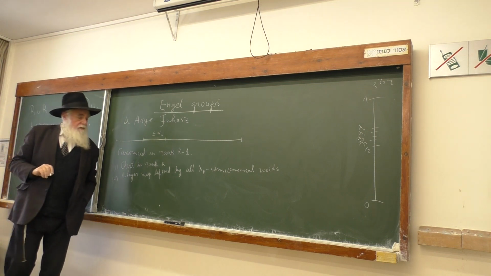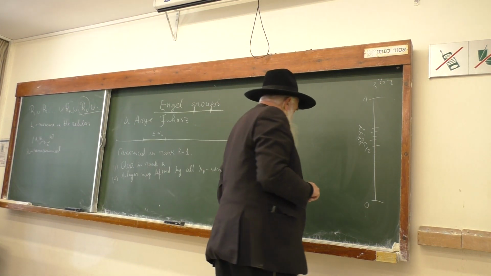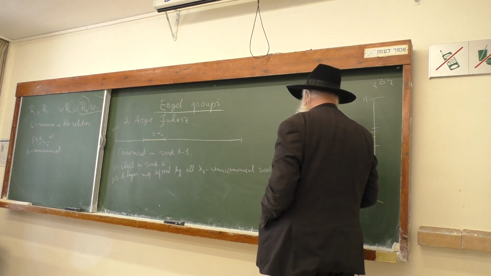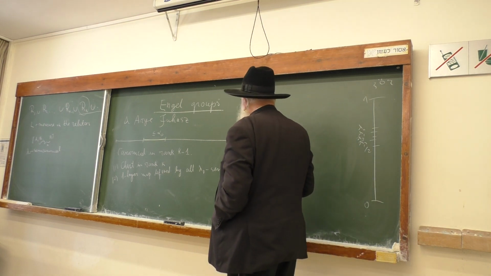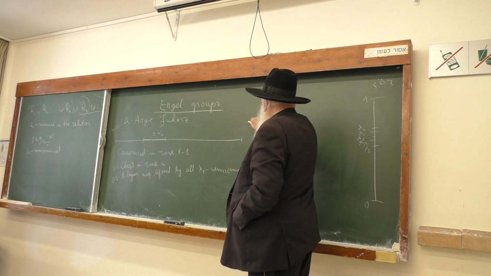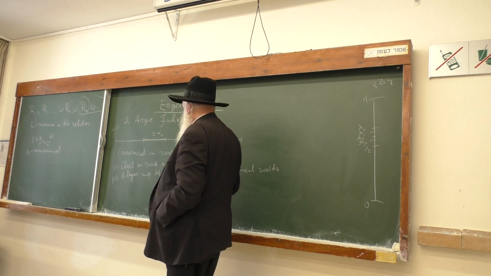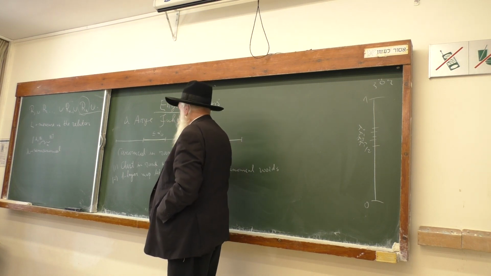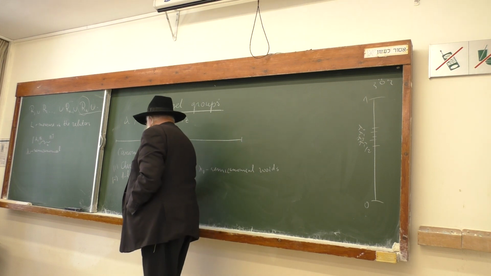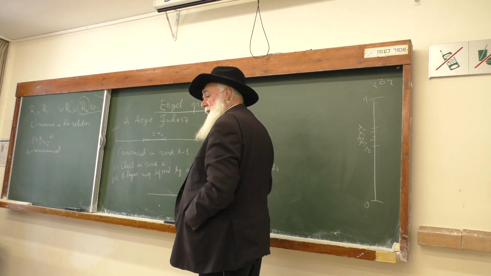So, what will this mean? It means the following, that we have different words, all of them assumed to be canonical in rank k minus 1, and representing the same element.